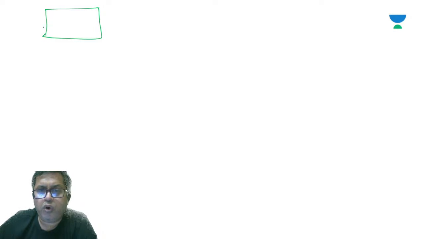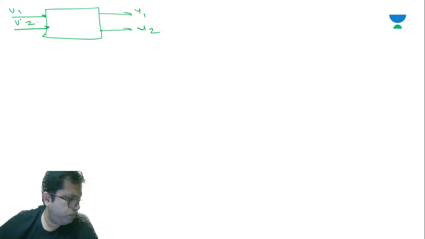So there are two outputs, y1 and y2. There are two inputs, u1 and u2. So we have got four responses.